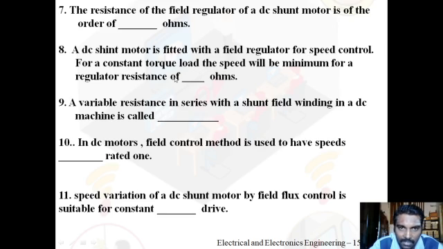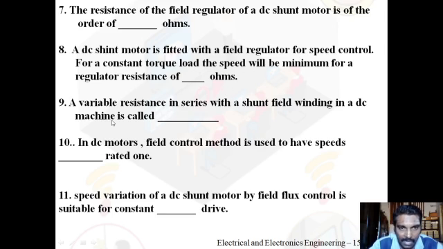For a constant torque load, the speed will be minimum for a regulator resistance of dash ohms. As we have already seen, when the value of resistance is 0, the speed will become minimum.